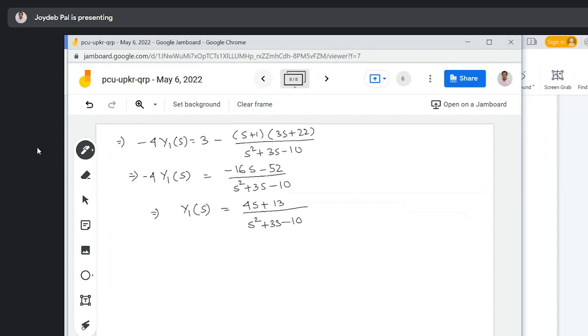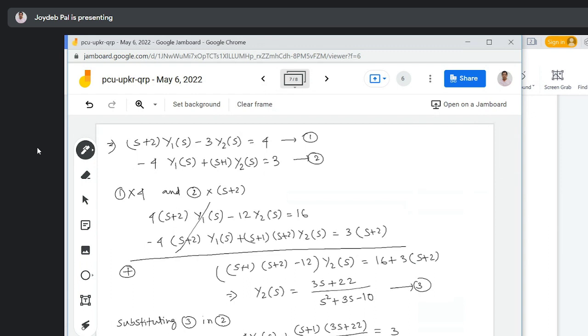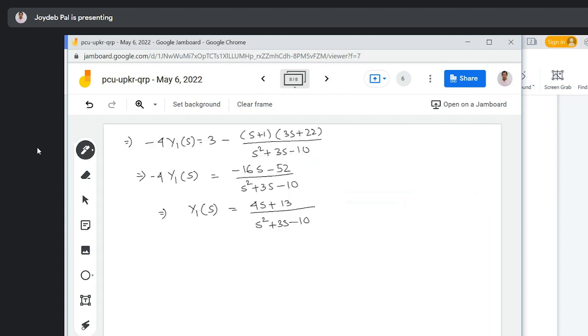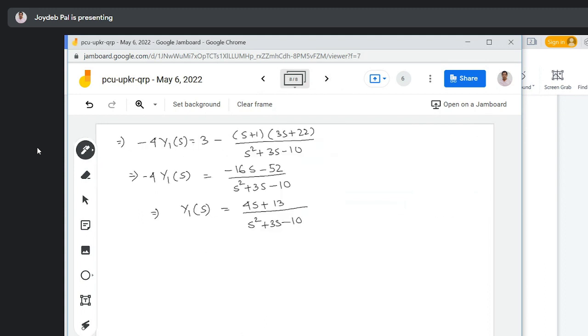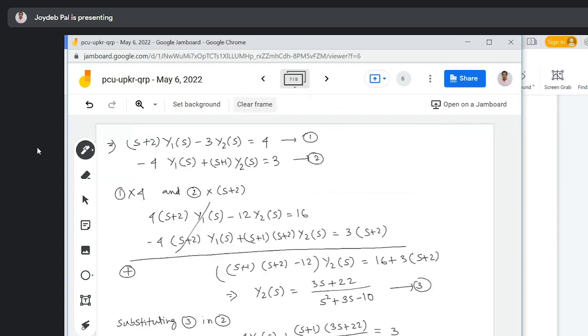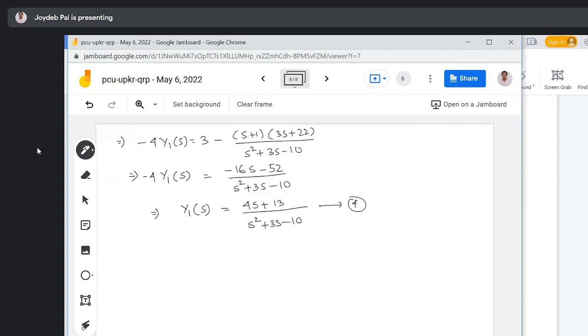So we got y1s and y2s. Now you take their Laplace inverse to find y1t and y2t. So I am finding first the Laplace inverse of y1s.